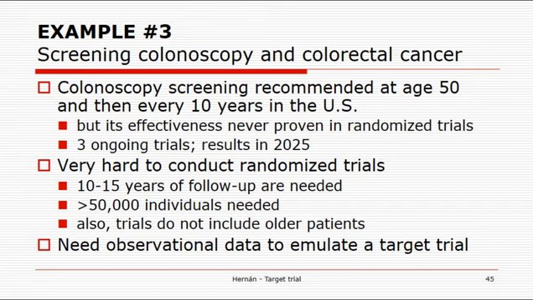But we have this recommendation of colonoscopy at age 50 and then every 10 years. So age 60, age 70, age 80, age 90, when do we stop? Is it something that we should still be doing at very old age or not? There are not going to be any trials for that.